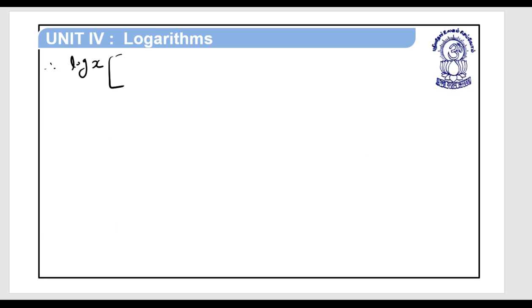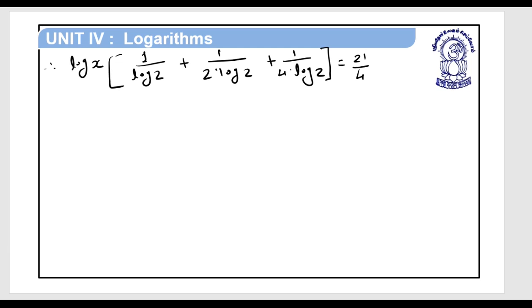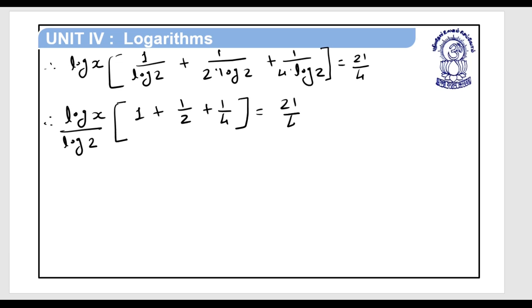So log x times 1 upon log 2 plus 1 upon 2 log 2 plus 1 upon 4 log 2 is equal to 21 by 4. So log x by log 2 common, 1 plus 1 by 2 plus 1 by 4 is equal to 21 by 4. Here the LCM is 4, so take the LCM.